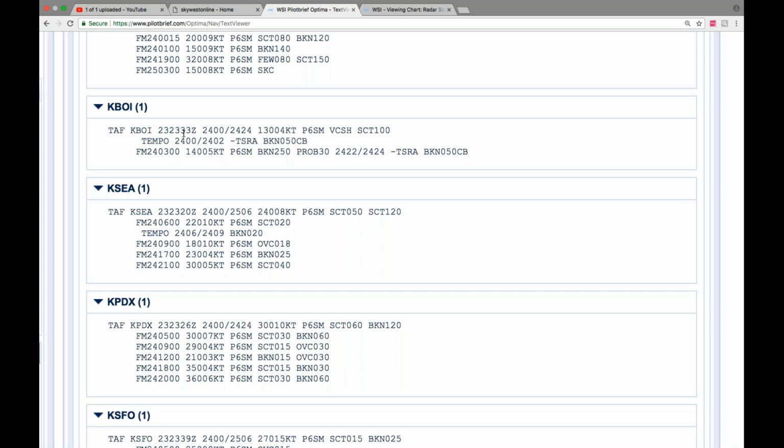So you can see that the valid time of this temporary remark doesn't take up that entire time period between your main body and this main body. It just means that for a short amount of time between the two, they're expecting thunderstorms and the ceiling at 5,000.